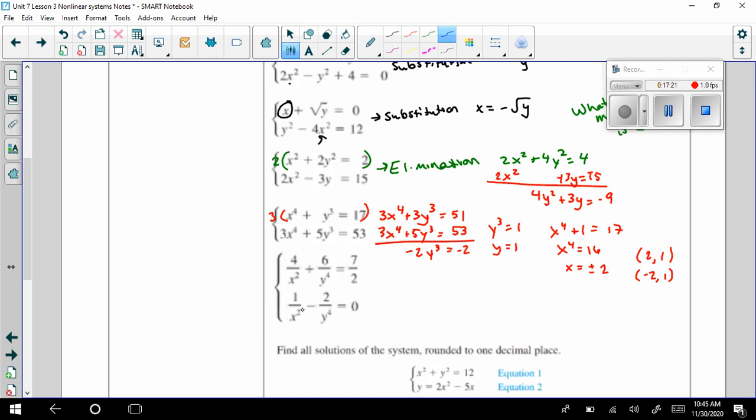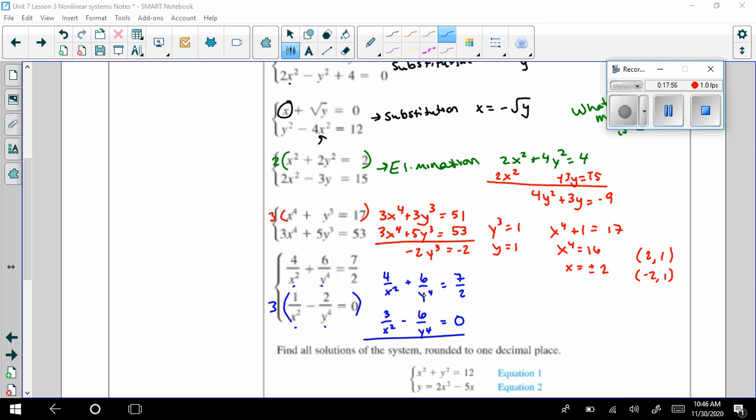All right, looking at this next one, don't let the fractions overwhelm you. Notice that we already have common denominators. So really, to eliminate something, you just need the same numerator. So this one's already set up for elimination. If I multiply this bottom one all by 3, then you would end up with 4 over x squared plus 6 over y to the fourth equals 7 over 2, as well as 3 over x squared minus 6 over y to the fourth equals 0.